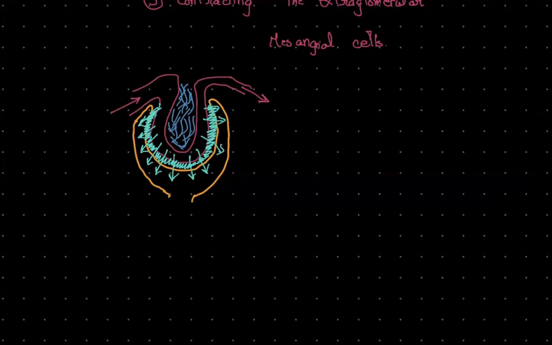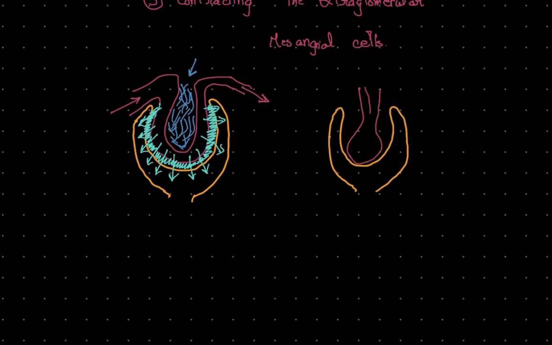When I contract my extraglomerular mesangial cells, I will be pulling the capillaries of the glomerulus away from the Bowman's capsule. You see on here, this is again my Bowman's capsule. And now, after the contraction of the extraglomerular mesangial cells, this is how the capillaries are going to be moving closer to one another.